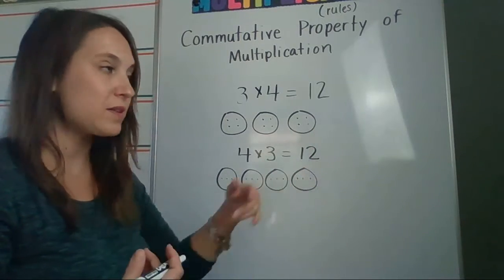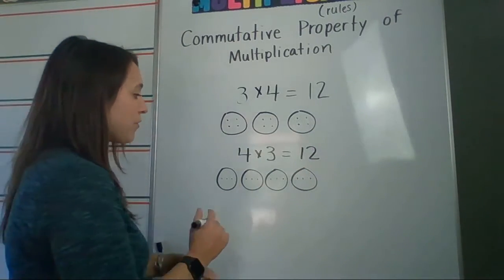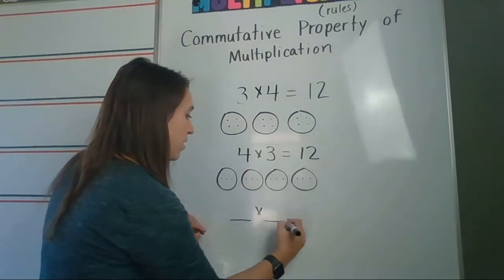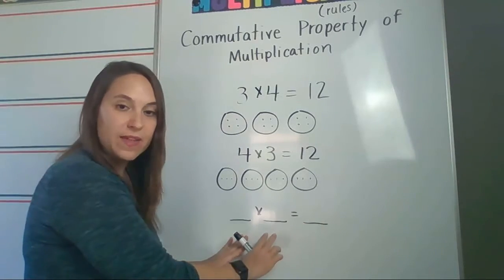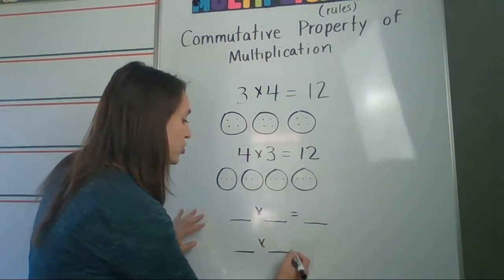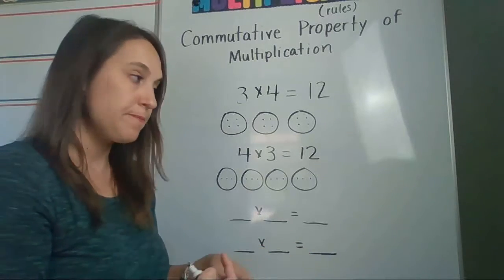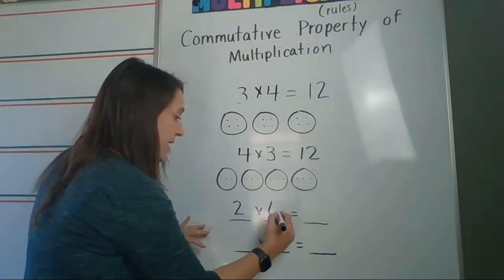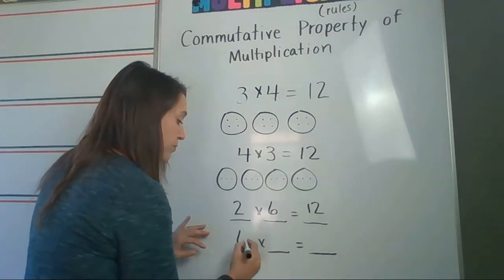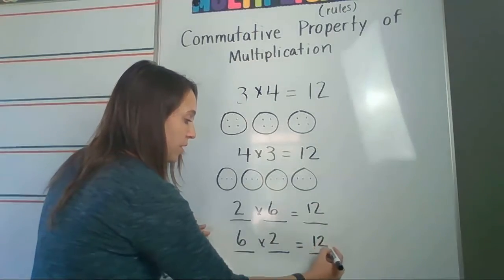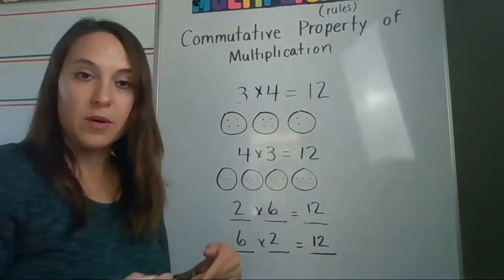I still get the same product. For today's lessons, you'll see a lot of problems with blank spaces like this, and you will then change your order to prove that the commutative property works. So if you would have 2 groups of 6, you then would change the order at the second one, okay?